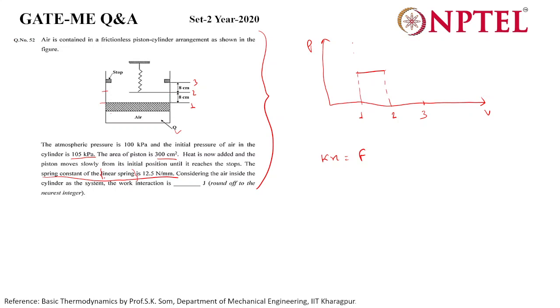Here they have mentioned it is a linear spring. If it were not linear, they would have given some function here, and you would have to keep that in mind. Here for force we would write k as a function of x into dx, and then integrate from xi to xf, right?